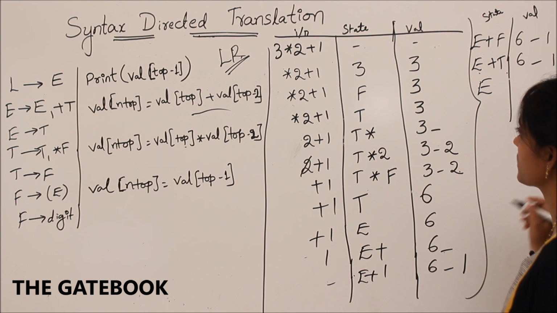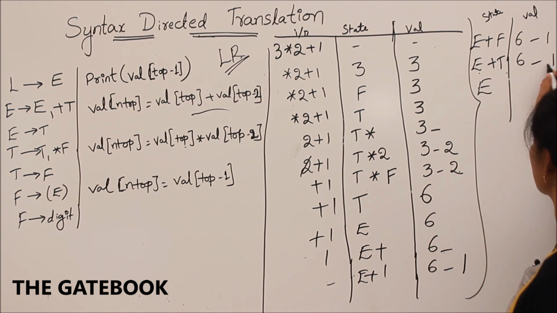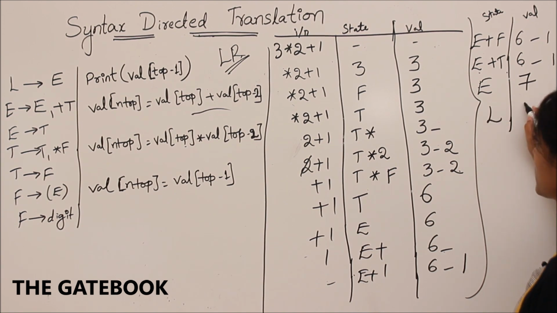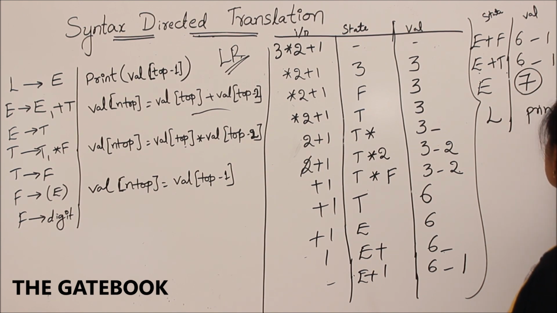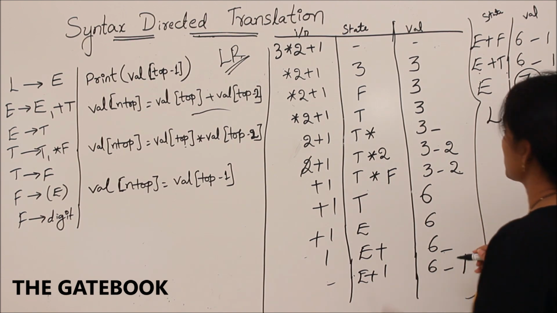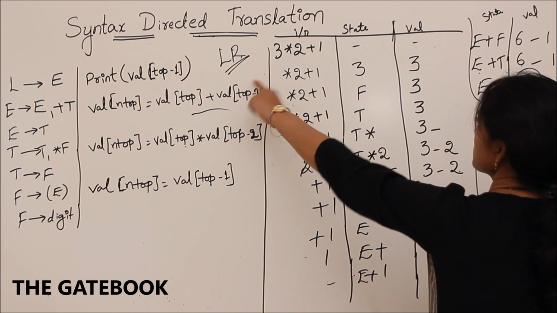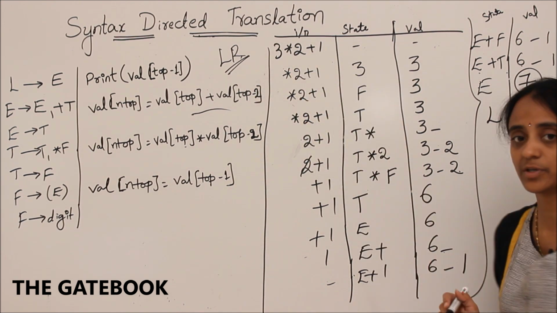So what it does, it computes addition of top and top minus 2, that is nothing but 7. So finally I'll replace E with L, then I will have to print the value, print 7. So the final value that is printed by this attribute grammar is 7 for this input string.